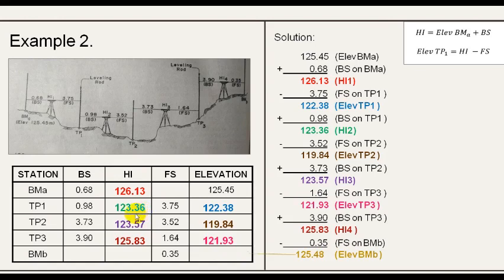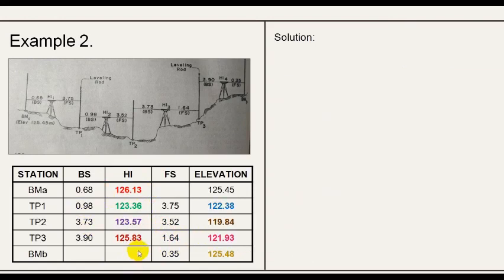Then, next is to perform the arithmetic check to see if the computed values are correct. Again, the formula for the arithmetic check is the elevation of BMA plus the summation of backsight minus the summation of foresight is equal to the elevation of BMB. The known elevation of BMA is 125.45.